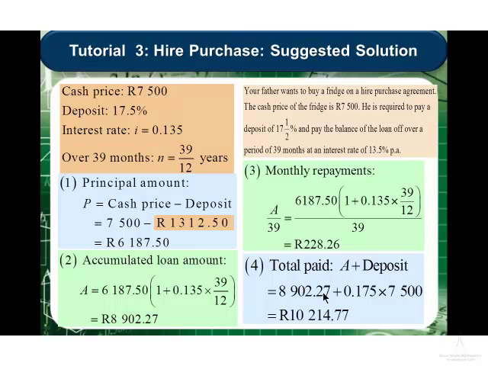So if you add the two values for the deposit, 1,312 Rand and 50 cents as we've calculated it, as well as the accumulated amount, 8,902 Rand and 27 cents, the total amount that was paid, including the deposit, was 10,214 Rand and 77 cents. Make sure that your calculations agree with this.